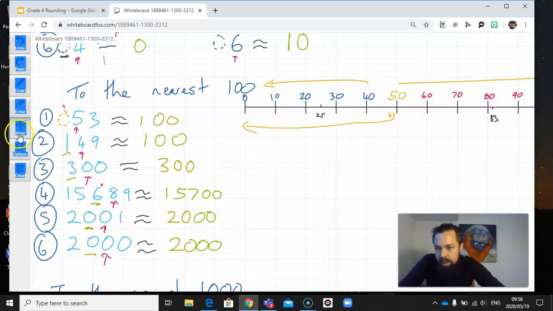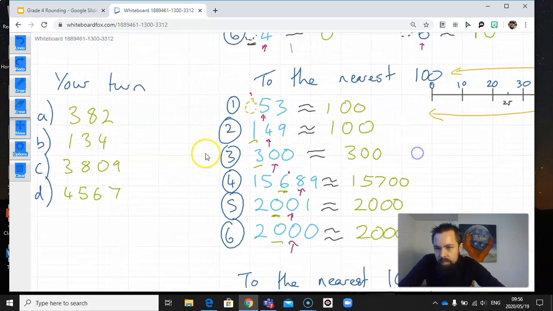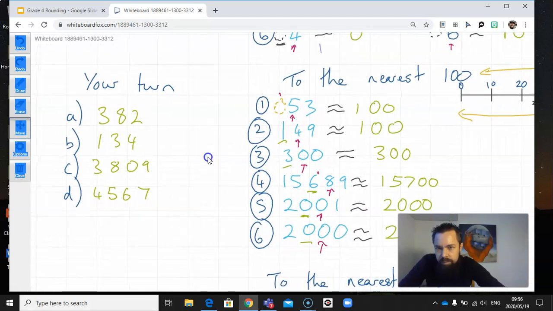Some for you to do quickly. Just 4 of them.